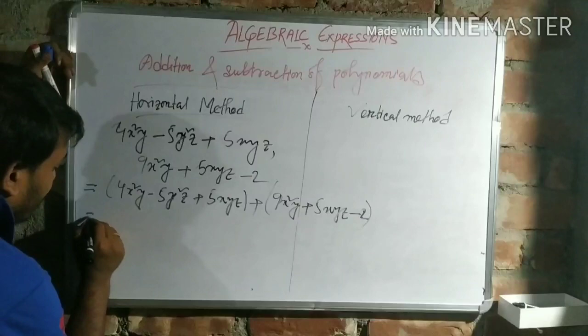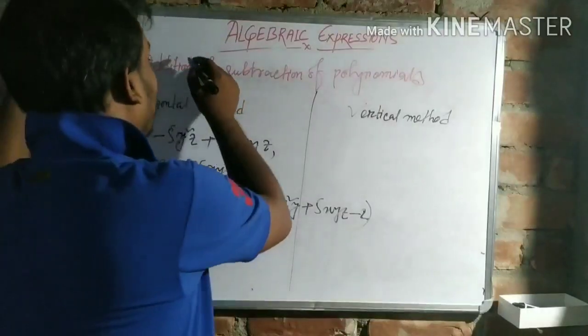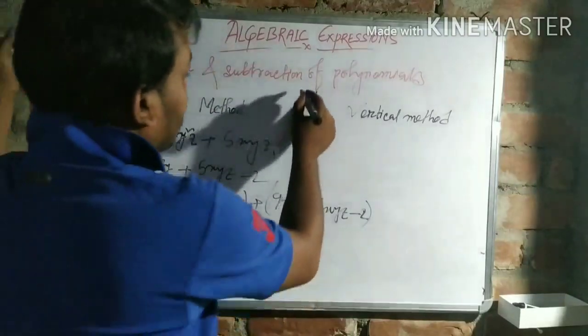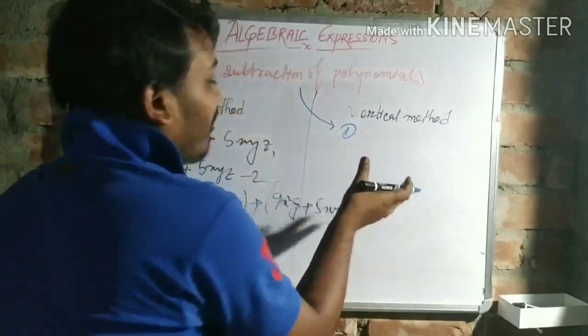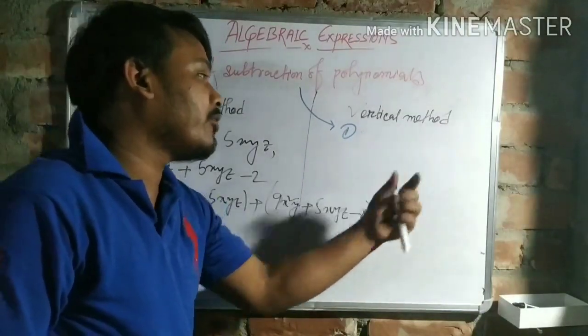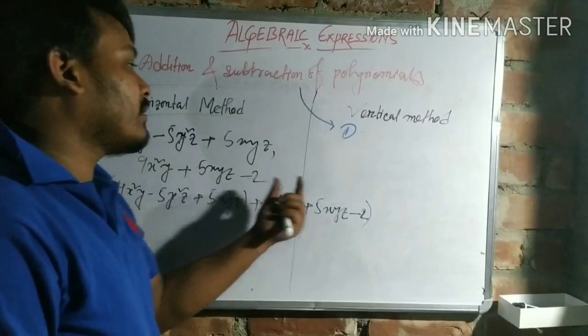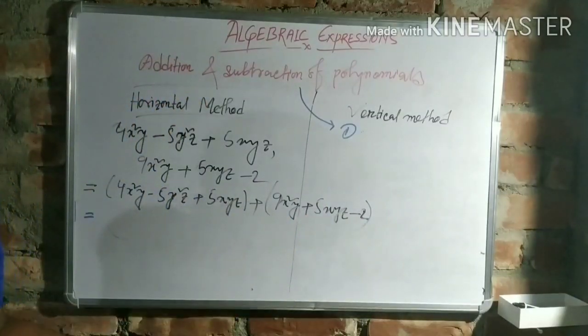So now the first step in addition and subtraction is we collect all the like terms together, and numerals with numerals. The second step is add the like terms or subtract the like terms.